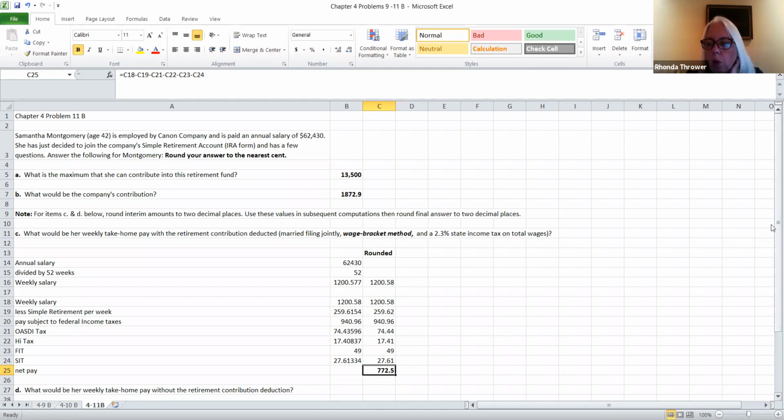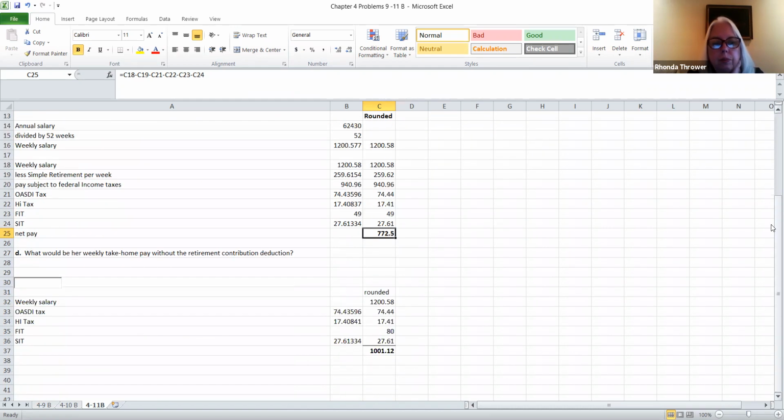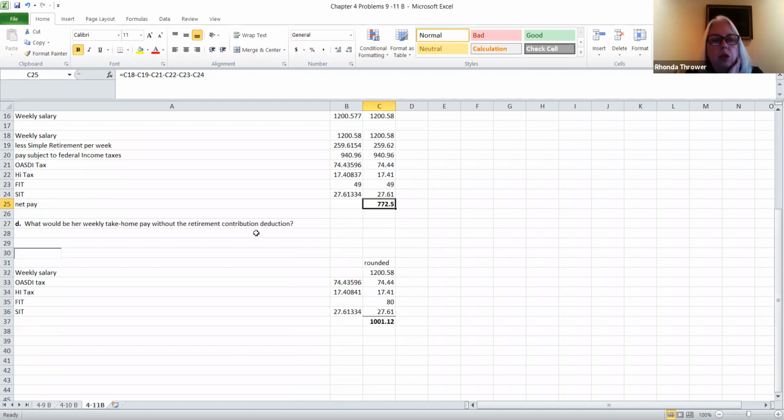On the last part of this, they wanted you to calculate what her weekly pay would be without the retirement contribution deducted. So we take the weekly salary, multiply it by the OASDI amount, 6.2%.